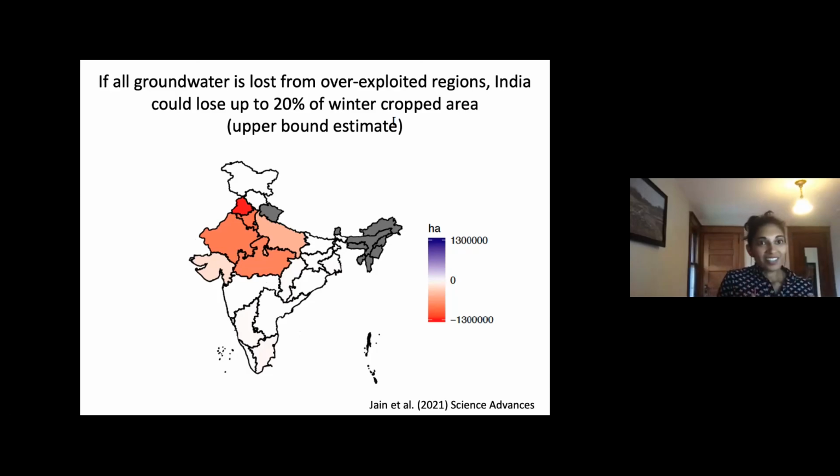So as I mentioned, everyone knows that groundwater depletion is a problem in India, and the government has been thinking of different interventions or policies that they might be able to promote to basically alleviate some of these losses. One of the biggest policies that has been discussed is increasing access to canal irrigation for farmers across India so that farmers can then use surface irrigation or canal irrigation as an alternative source of irrigation as groundwater tables fall.